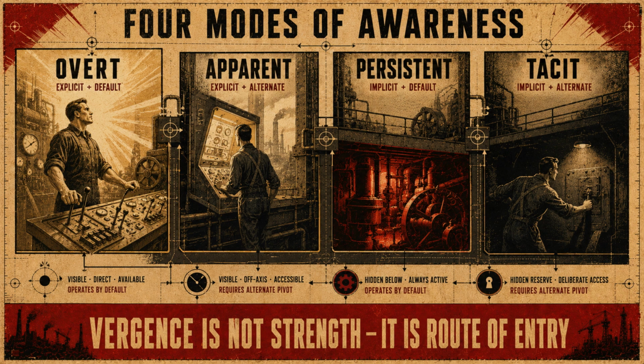And tacit is both implicit and alternate. It is the old vital ring, present, real, and necessary, but usually beneath the surface and engaged only when the psyche pivots toward it. So vergence is not strength, and it is not value. It is the route by which a function enters the field of awareness, or remains working outside it.